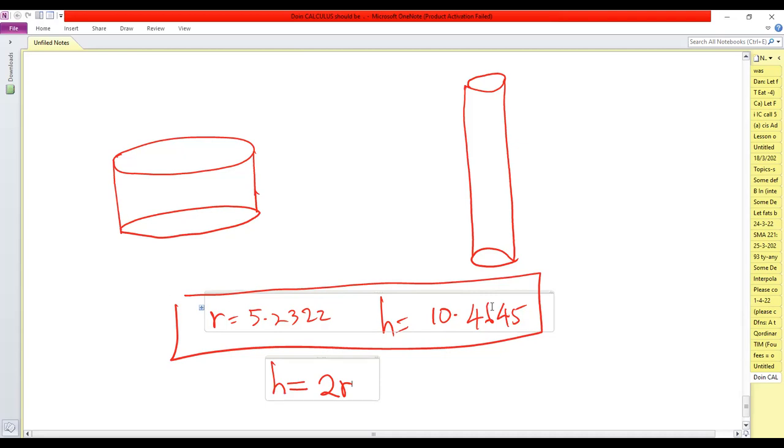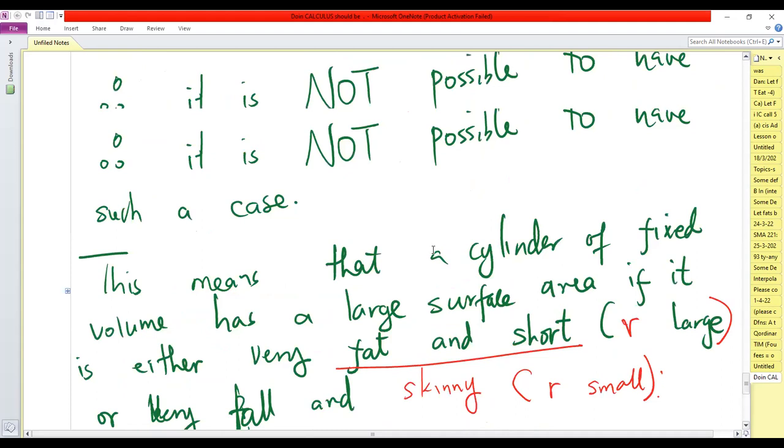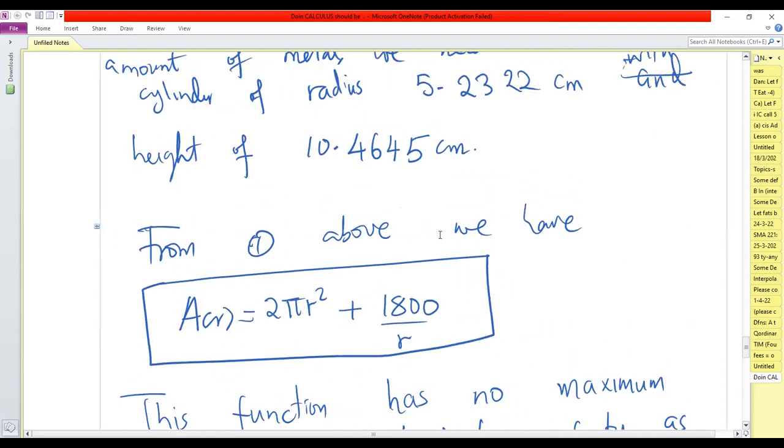So the main concept being tested in part 2 was whether you can interpret this area function to see whether it has a maximum or a minimum value. From the interpretation of the limit, as R grows larger, you see that there's no maximum.